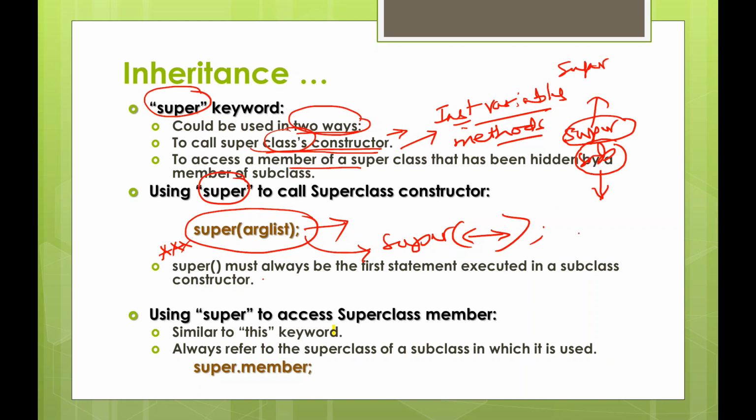That is, the superclass object must be created first, and only then will you be able to create a subclass object. That is why the first statement in your subclass constructor must be a call to the superclass's constructor.